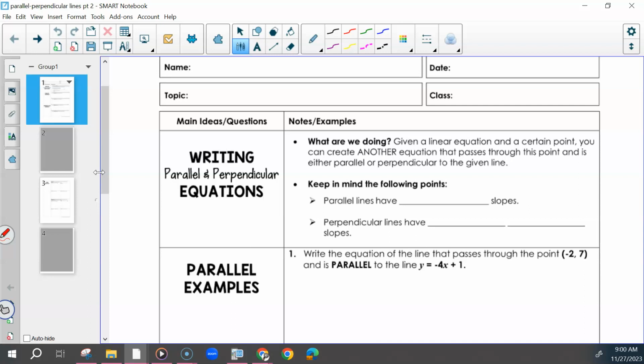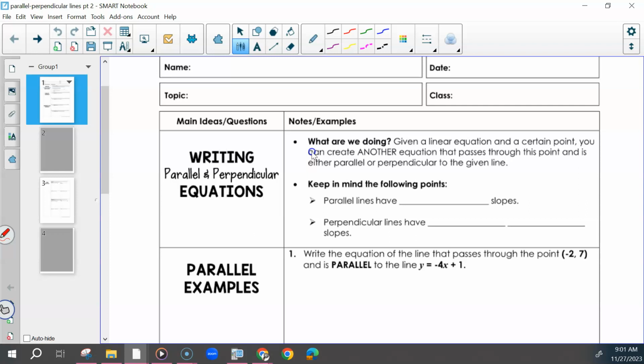You need to be able to write another. So you'll be given an equation and you'll be given a point. This part will be very similar to when we were writing equations through a point and a slope or through 2 points. But your job will be to come up with another equation that is parallel or perpendicular to the original. So that's what this kind of explains.